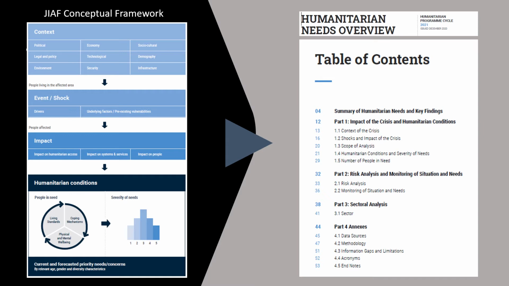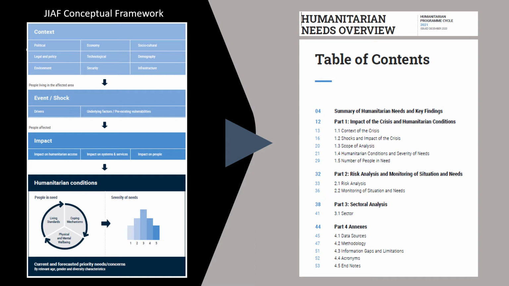The HNO structure is linear in its presentation and follows mostly the JIAF conceptual framework. The first 3 pillars of the JIAF, context, shock, and impact, correspond to sections 1.1, 1.2, and 1.3 in the HNO.